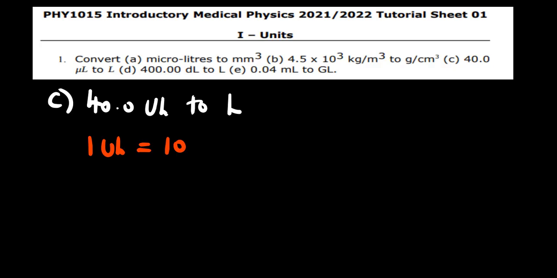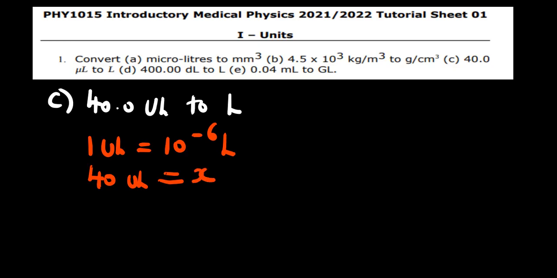You know that micro means 10 to the power negative 6, according to your prefixes, so 10 to the power negative 6 liters. So this is a conversion unit. Then we are asked to convert 40 microliters to liters. Let's put this as x.